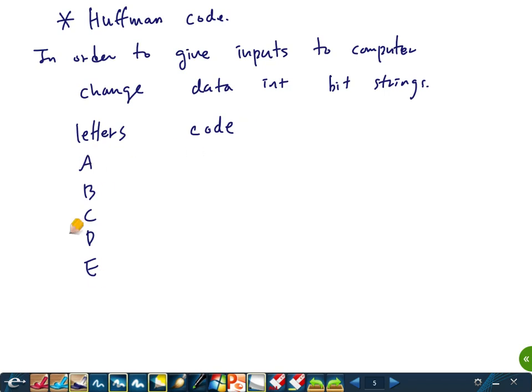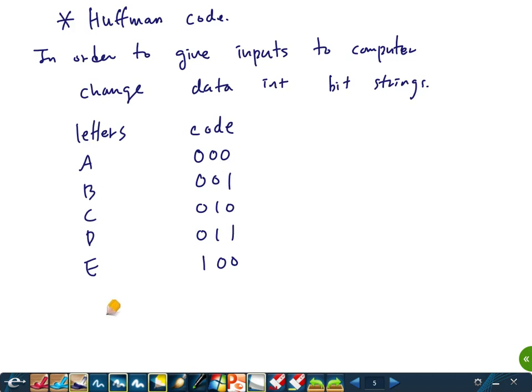Suppose that we have only 5 letters to encode. So 000, 001, 010, 011, 100, like binary numbers. I just say this is the first letter, so it's 0, 1, 2, 3, 4 in binary numbers, right? This is fine.